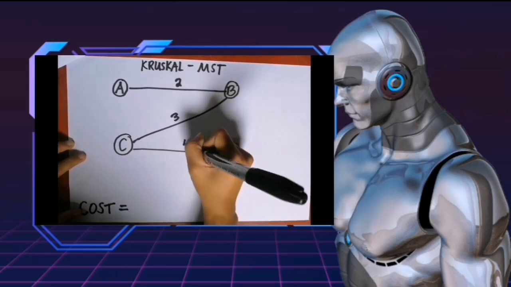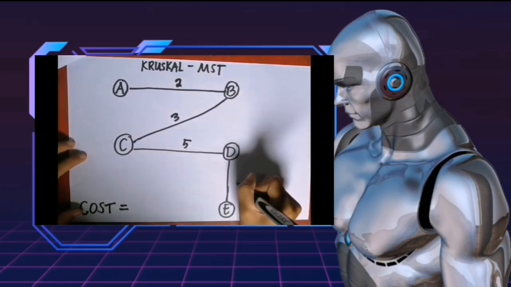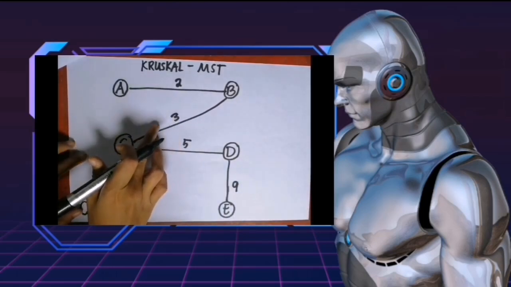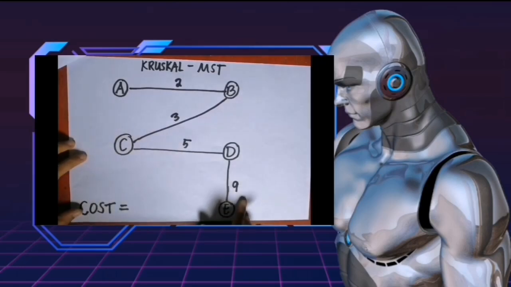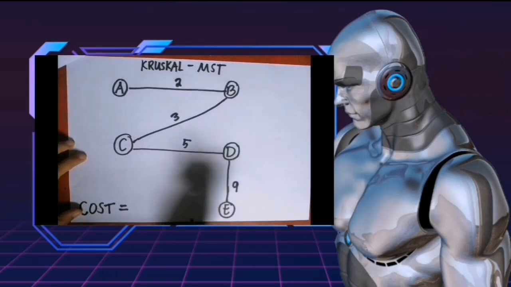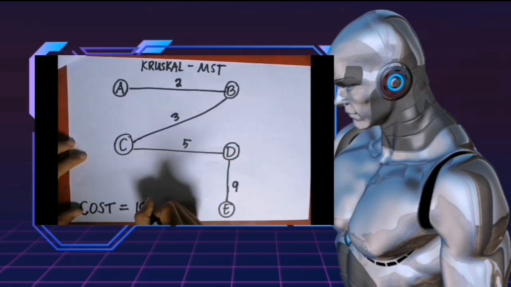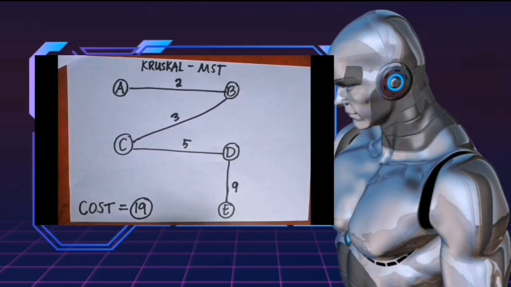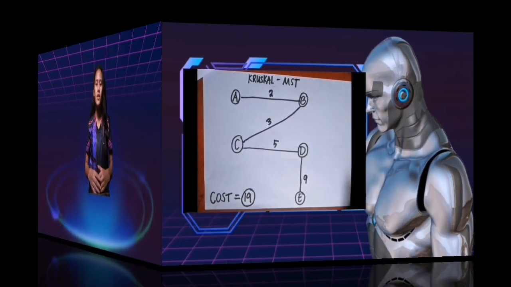You have 2, 3, 5, and 9. To get the cost of our spanning tree, we have to add all the weights that we have in our final graph. So just add 2 plus 3 plus 5 plus 9 and that equals 19. And that is our final minimum cost spanning tree.